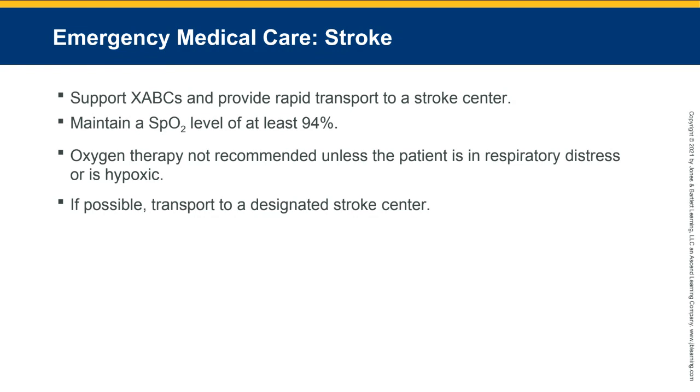Oxygen therapy is not recommended unless the patient is in respiratory distress or is hypoxic. So just like your MI patient, if they don't need oxygen, we don't give it. For the stroke patient, if the oxygen is not necessary, don't give it. It can cause more harm than good. If possible, transport to a designated stroke center.